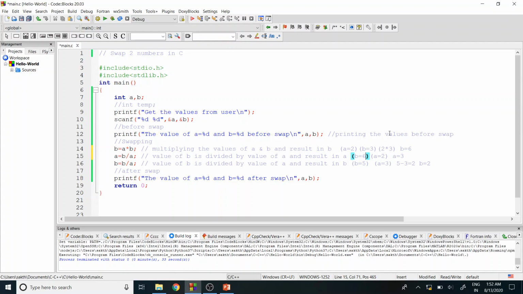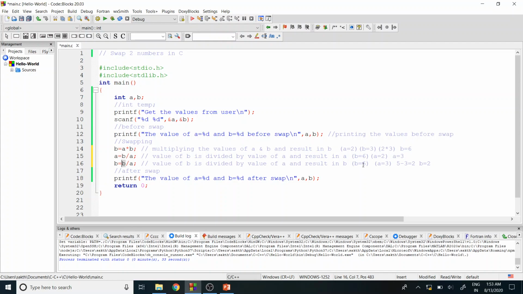In the next case, we have the value of B as 6, because we didn't modify any values in the second expression. In the first expression we got the value of B as 6, so the same value is readable in B here on the right side, and we are dividing by the value of A, which is 3, because in the previous expression we got the value of A as 3.